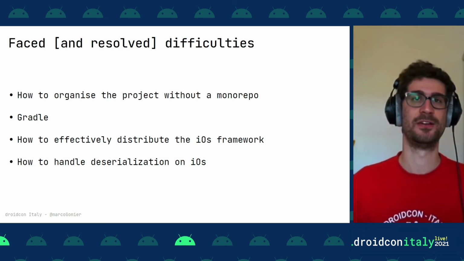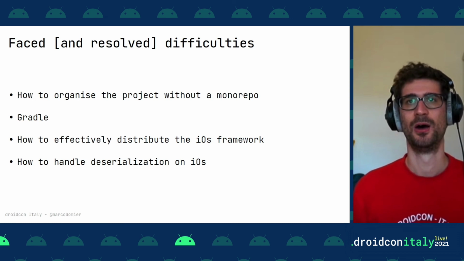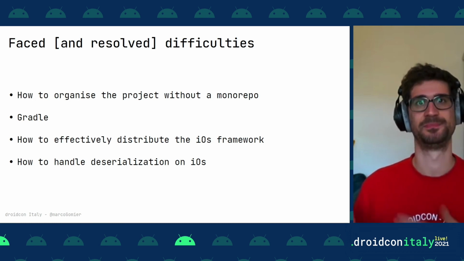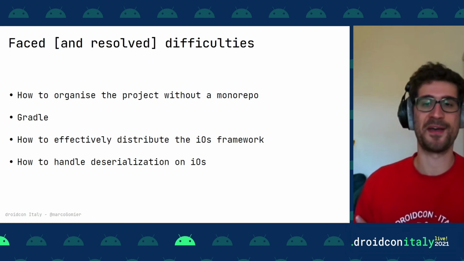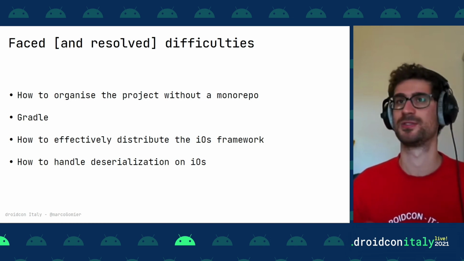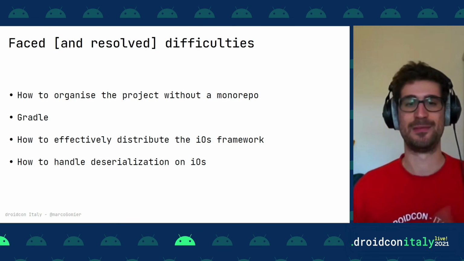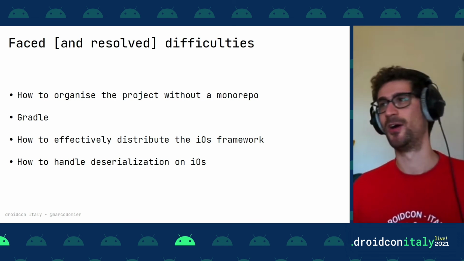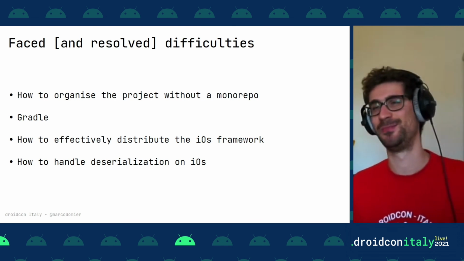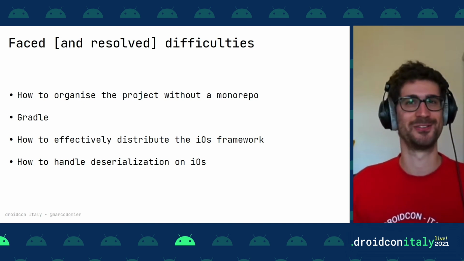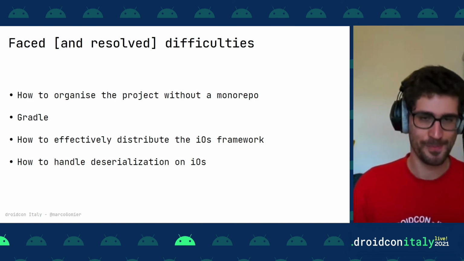That was kind of difficult at the beginning because all the samples on the web use a monorepo structure, because it's the most common and simplest to show. So at the beginning, understanding that I had to ship a framework, a library, and how to make it all work together was not simple.